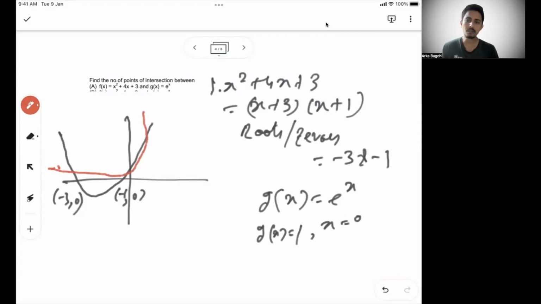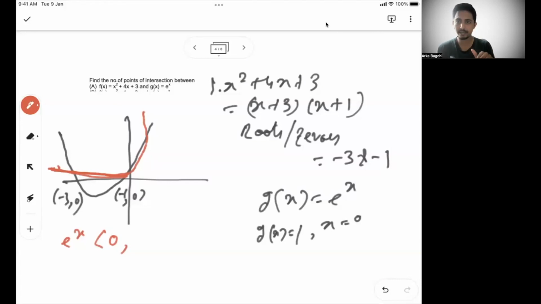Now you may ask why. So basically, in the normal graph of g(x), where x is less than 0, e to the power x is almost a flat line like this. If it is a flat line, it will cut the quadratic equation f(x) in two places.